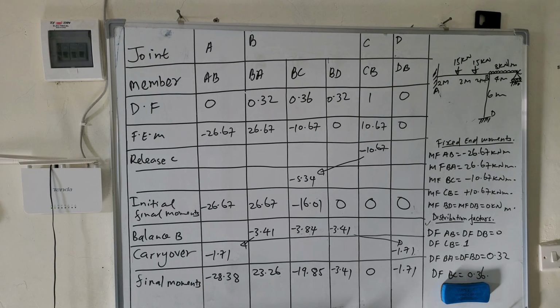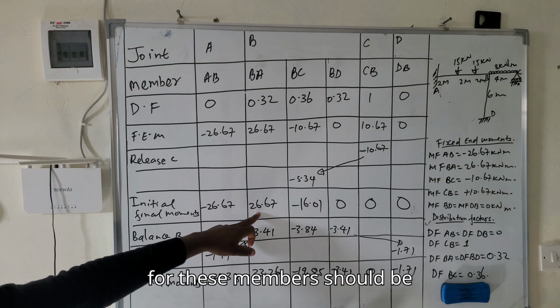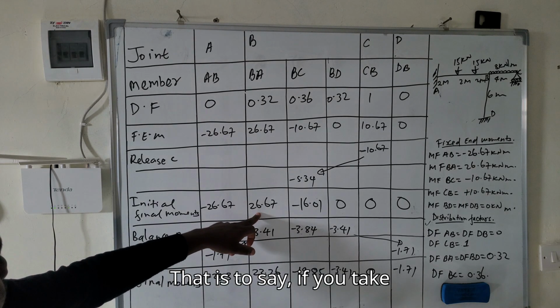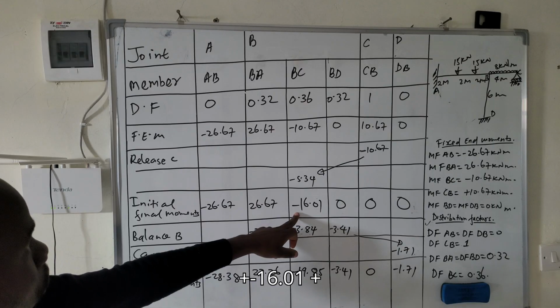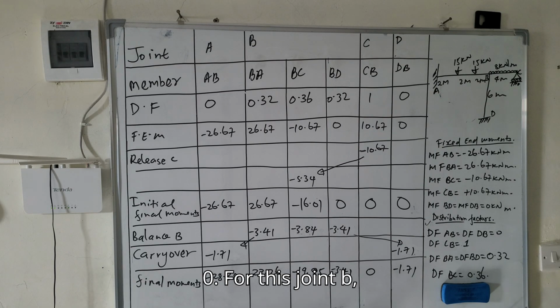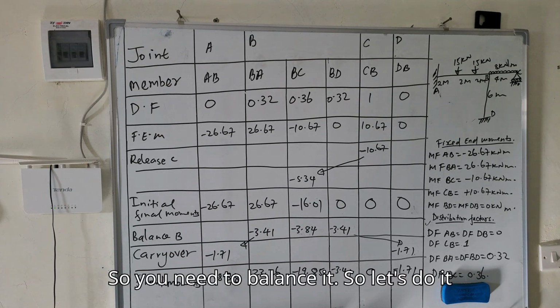So for this joint B to be in balance, the total sum of fixed end moments for these members should equal 0. That is to say, if you take 26.67 plus minus 16.01 plus 0, your answer should be equal to 0 for this joint B to be in balance. And if not 0, it means this joint B is not in balance, so you need to balance it.